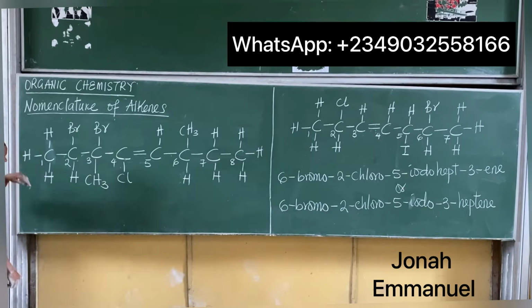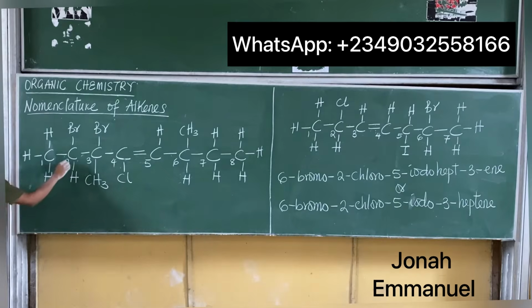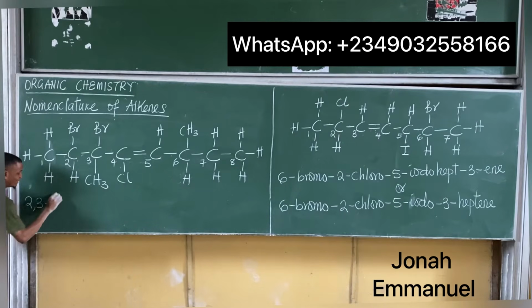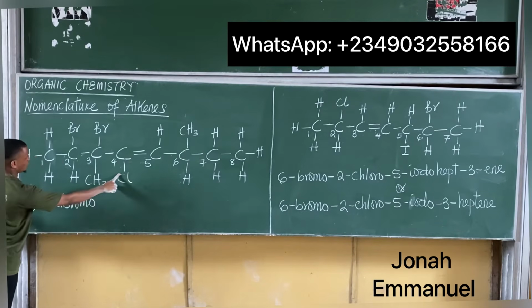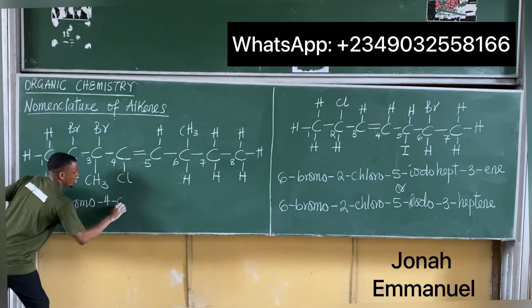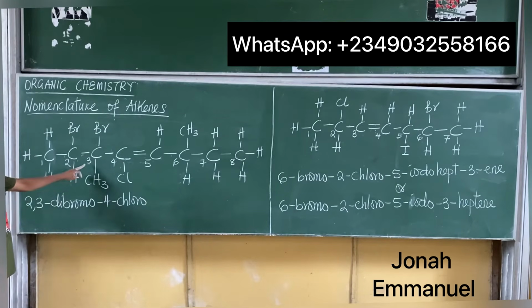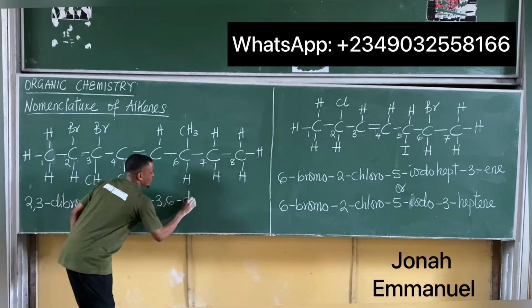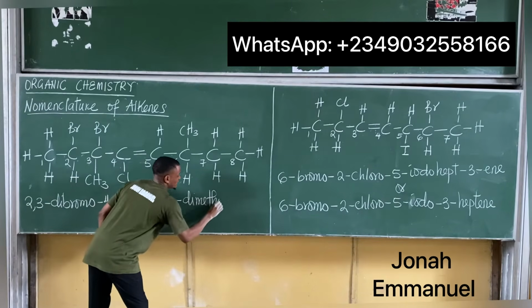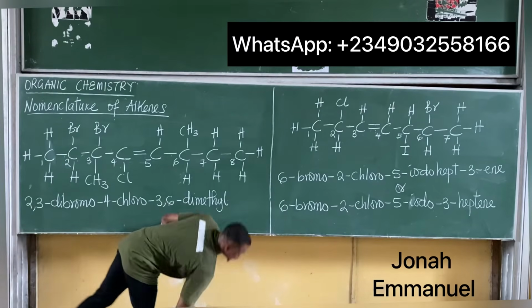So the name is what you get there. Starting from the halogens, bromine, so 2, 3, dibromo, 4 chloro, 3, 6 dimethyl.